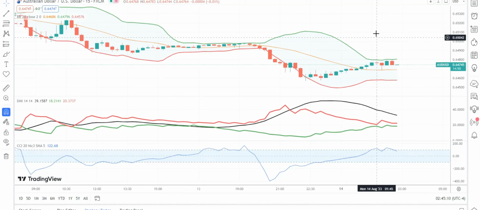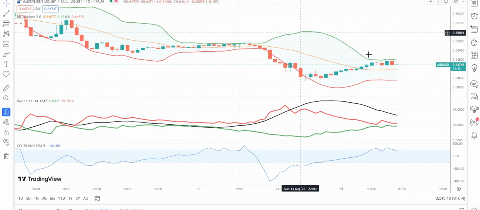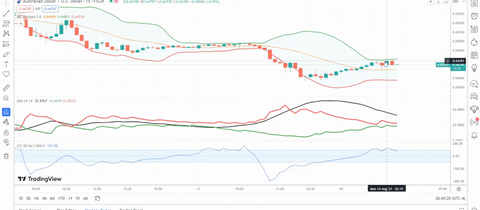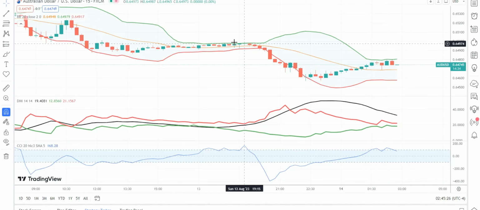But let's just look at the charts for a second here. You can see I am on the 15-minute time frame, and the Australian US dollar is holding for the most part. But you can see here, this high is lower than this high.